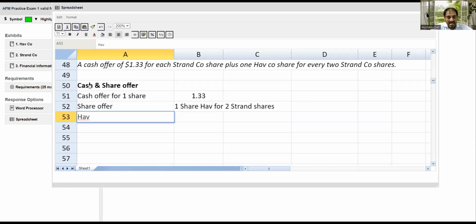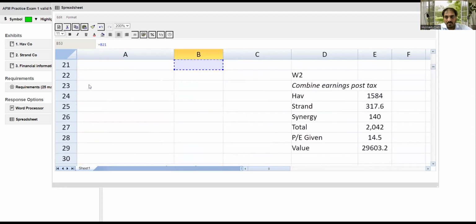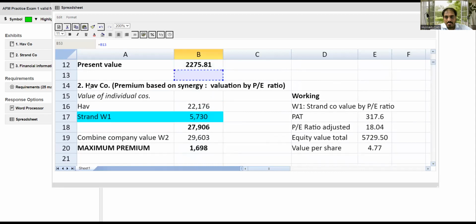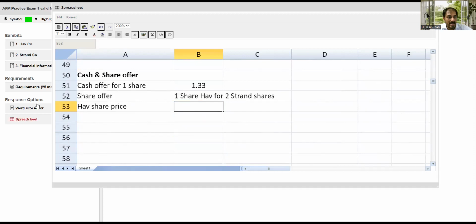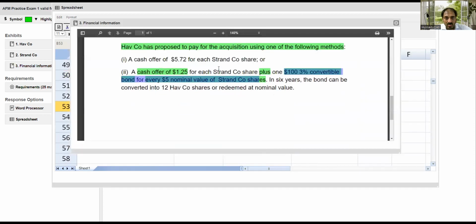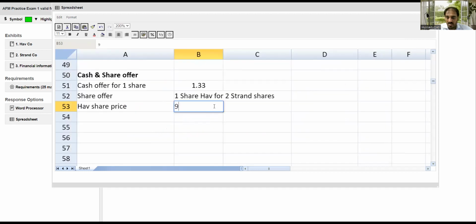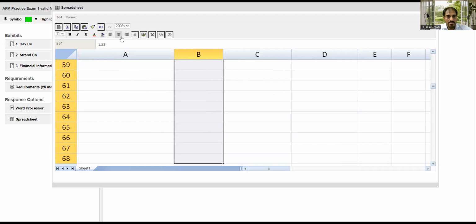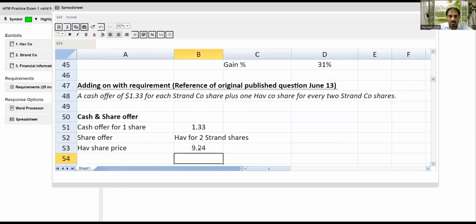And do remember, half share price, it's already mentioned here. Okay, here 9.24.